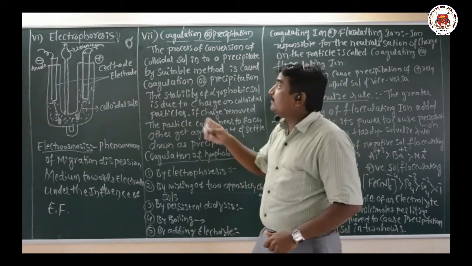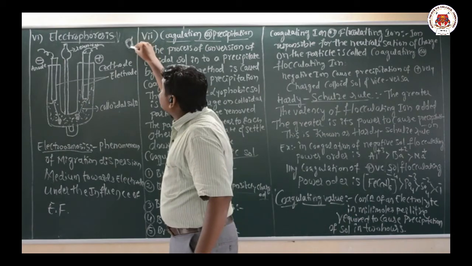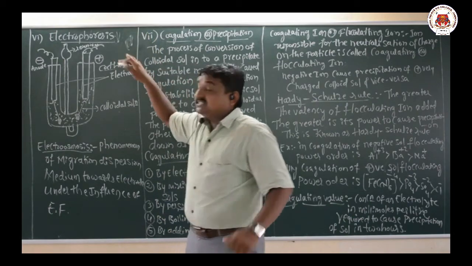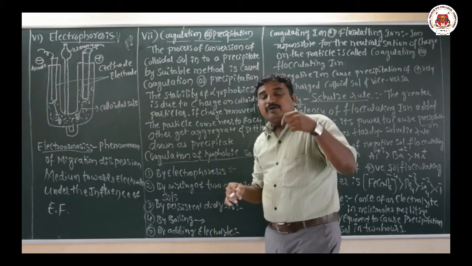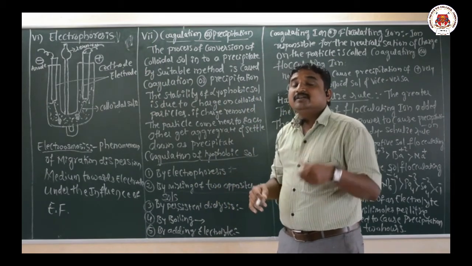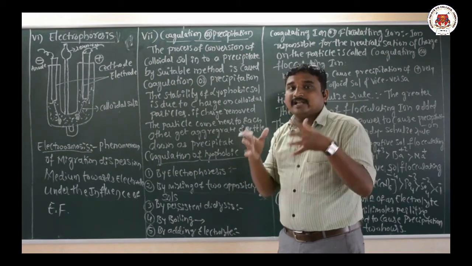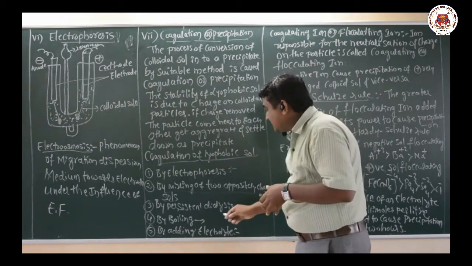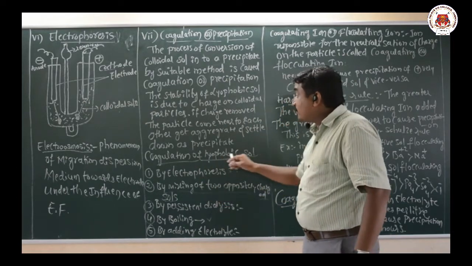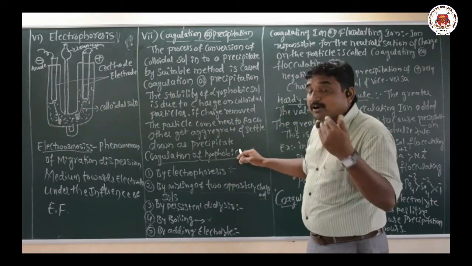At that time the adsorbed layer on the colloidal particle gets disturbed and the charges are removed. When the charges are removed, the settlement of the colloidal particles takes place. So this is the fourth method used for coagulation.